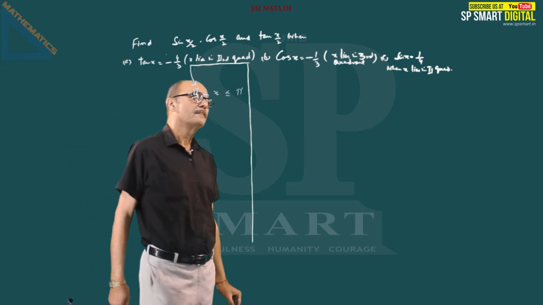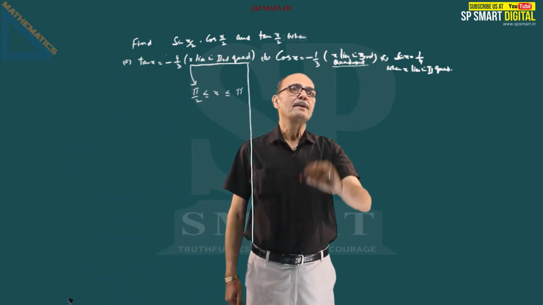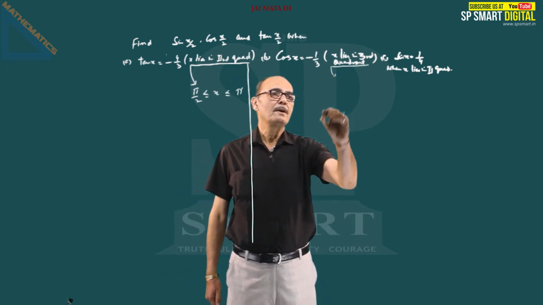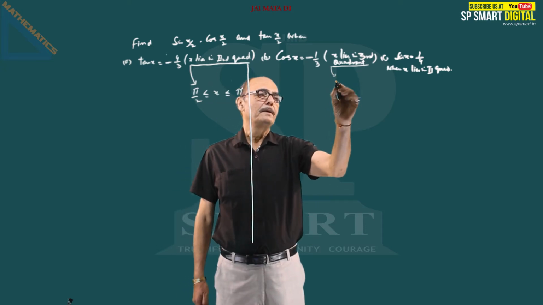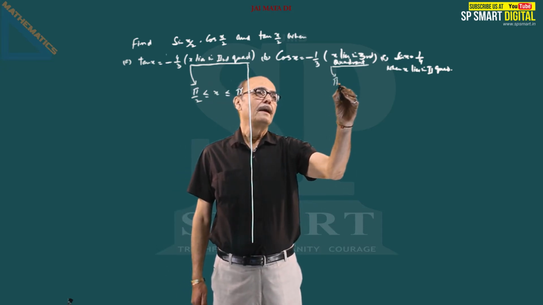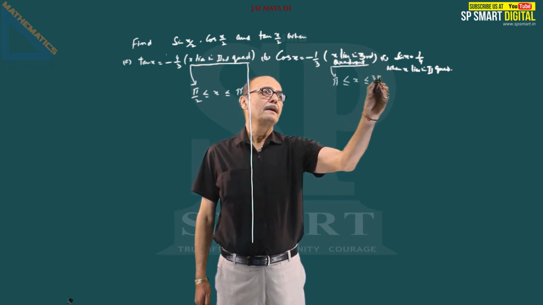When x lies in the third quadrant, the magnitude of the angle will be pi less than or equal to x less than or equal to 3 pi by 2.